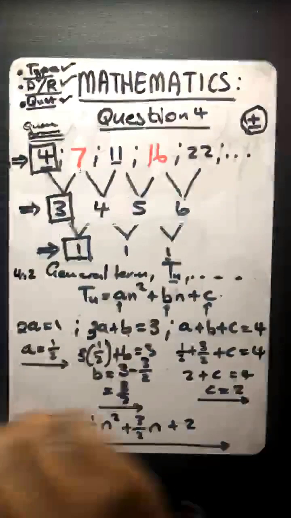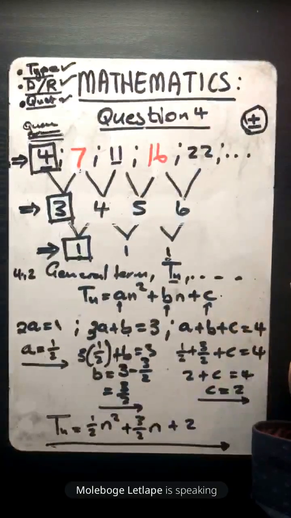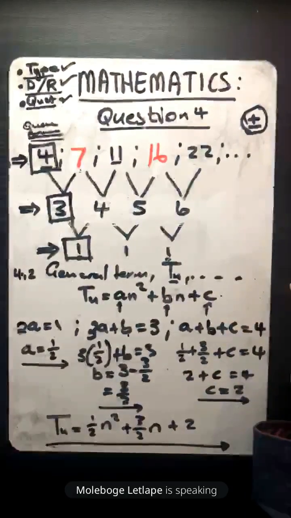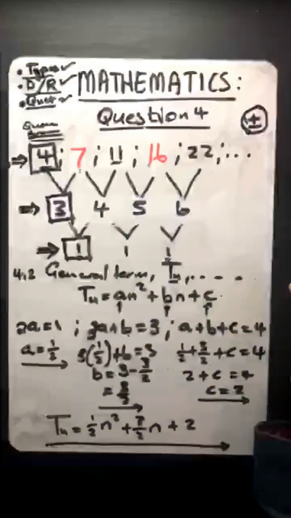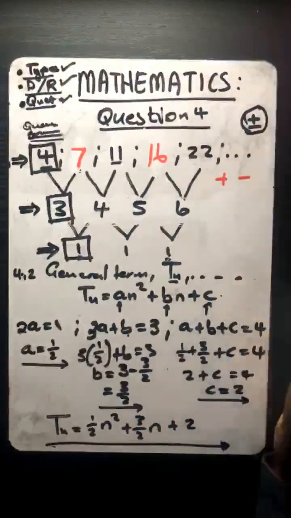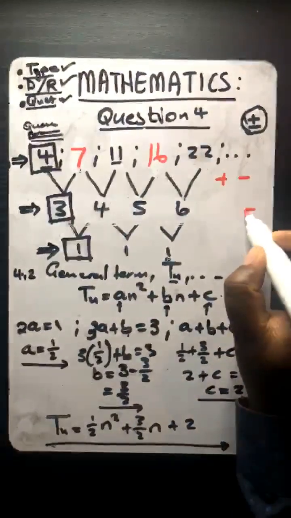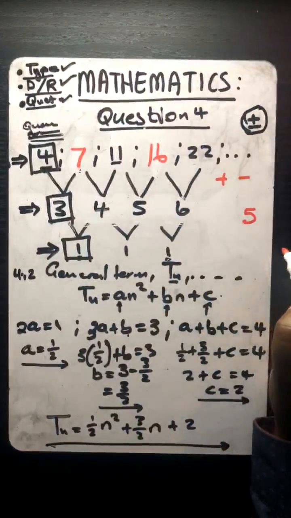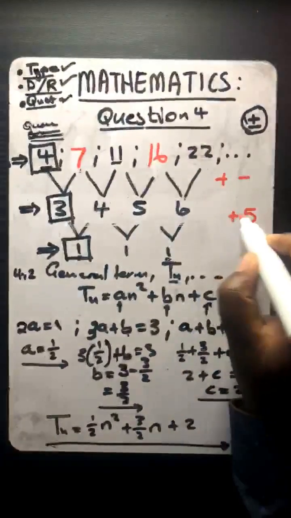Molebogeng, this is what I'm about to tell you today. There is no number that doesn't have a sign. Every number has a sign of positive or negative. If you see a number being 5, just know there is a sign there which is invisible, and that sign is positive.